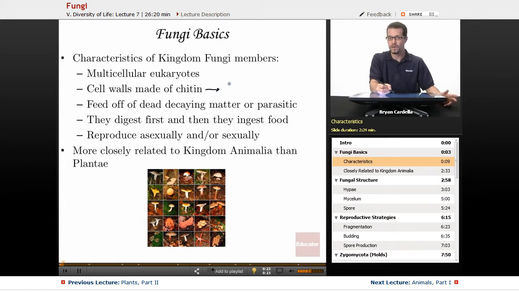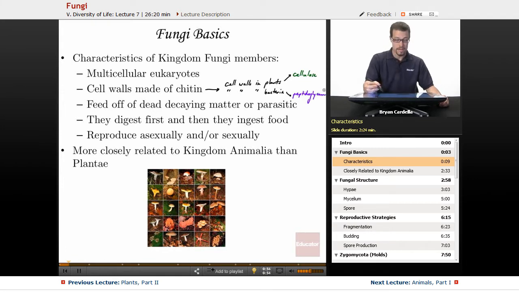If we looked at other cell walls, like cell walls in plants, those are typically cellulose. And then if we talked about cell walls in bacteria, that's typically peptidoglycan.